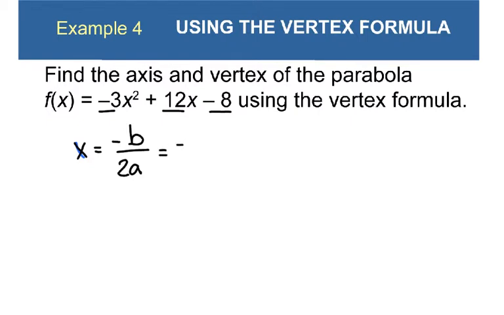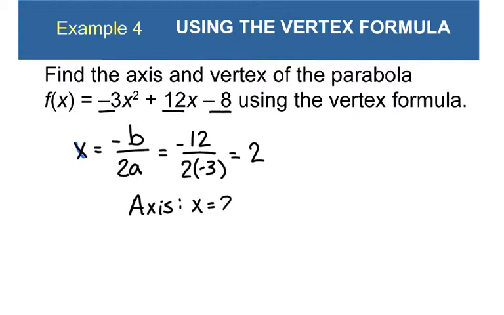B is 12, so plug that in. A is negative 3, plug that in, and reduce this. So we get positive 2. Now that is our axis of symmetry. So axis is at x equals 2.